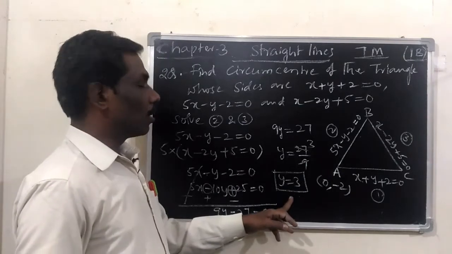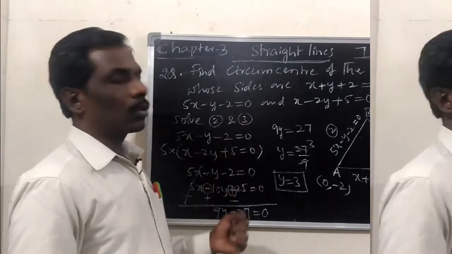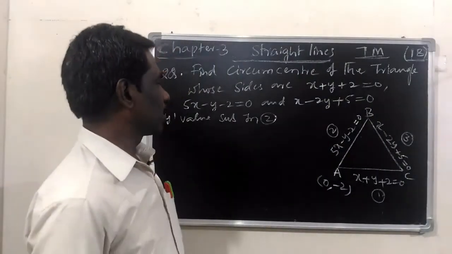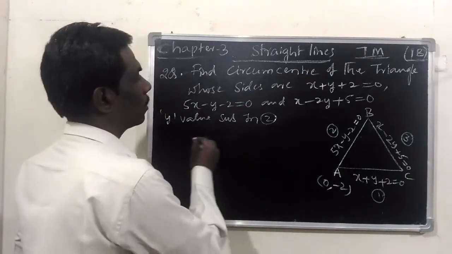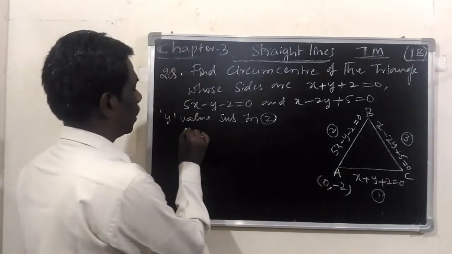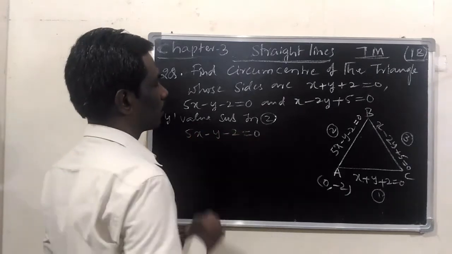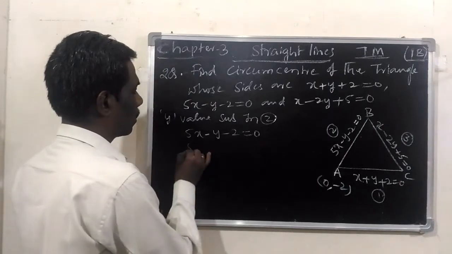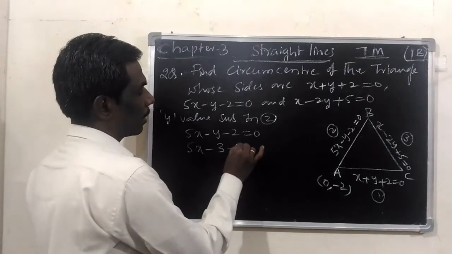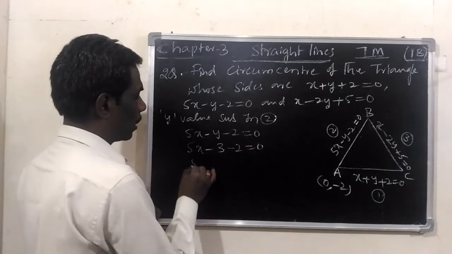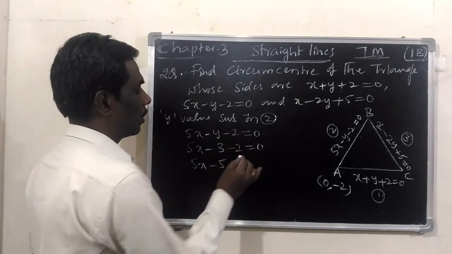This y value we can substitute in the second equation or the third equation. Now I am substituting this y value in equation 2, which is 5x minus y minus 2 equal to 0. Substituting y as 3, 5x minus 3 minus 2 is minus 5 equal to 0.